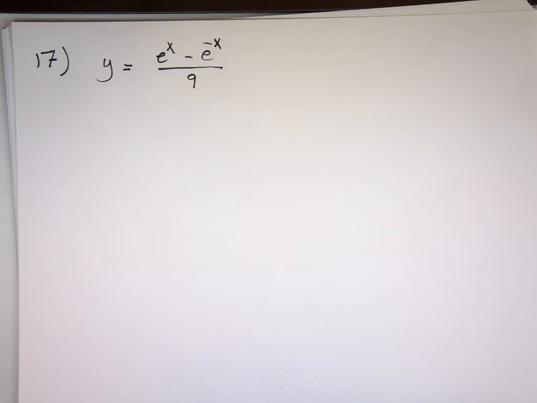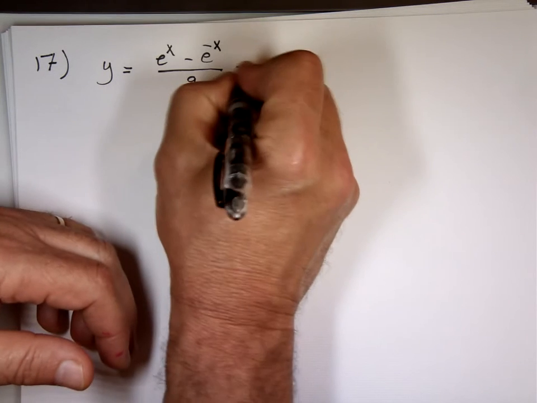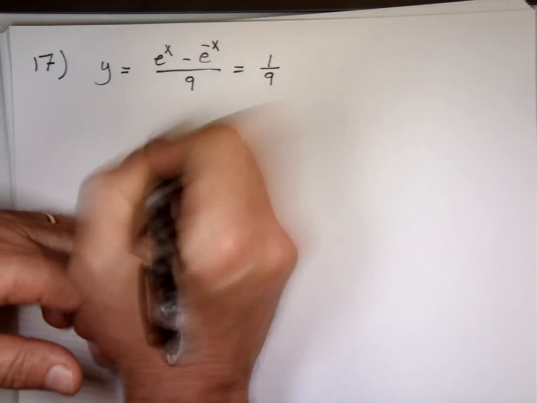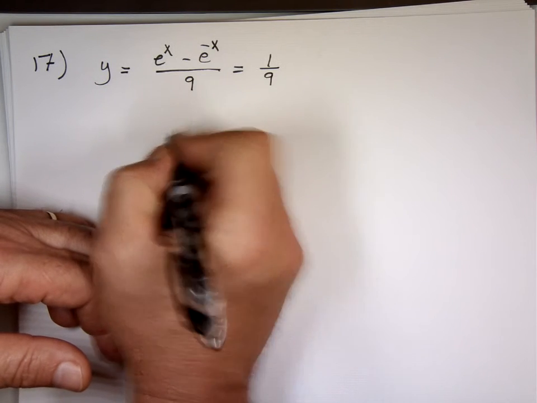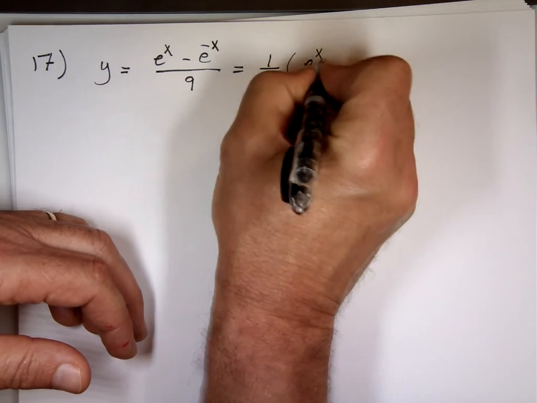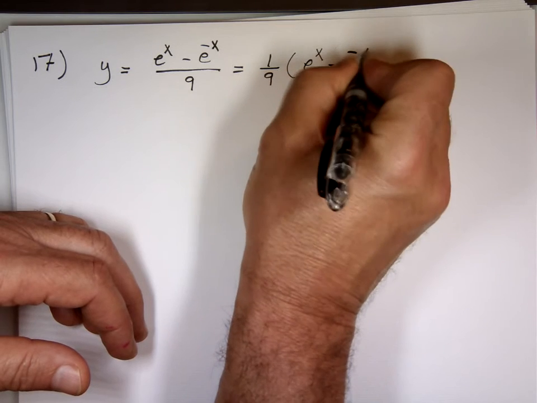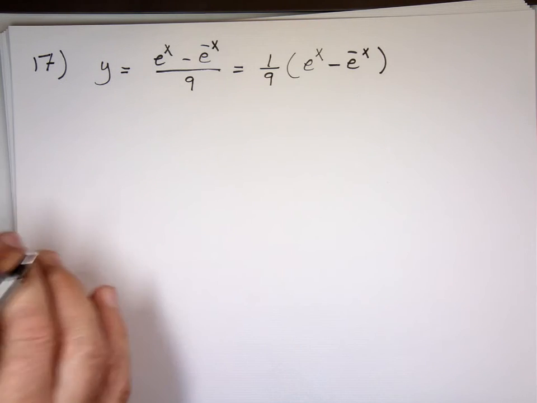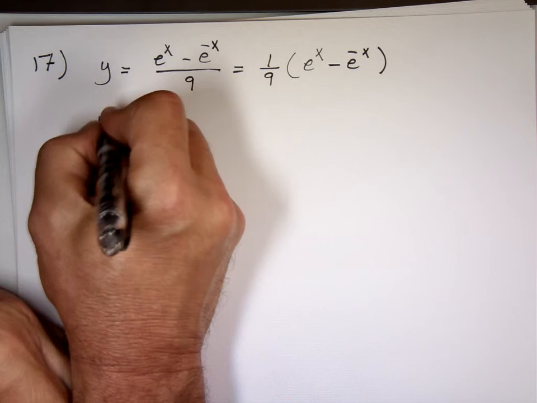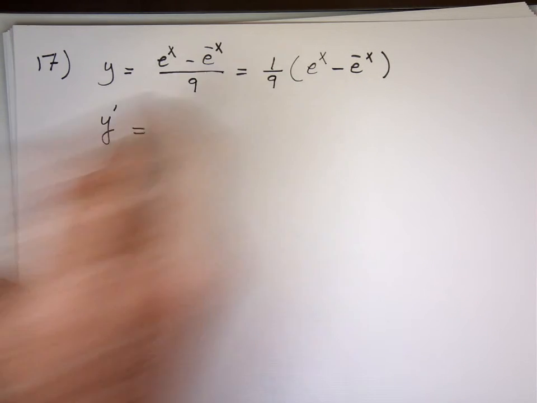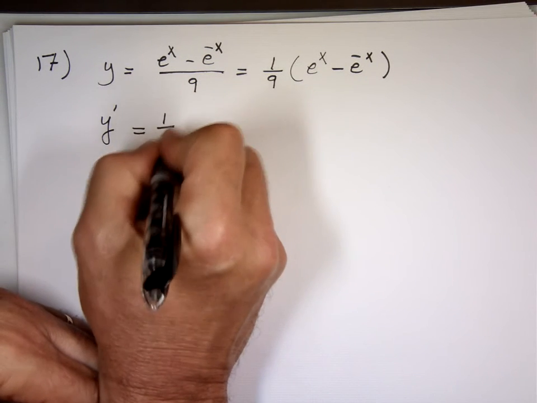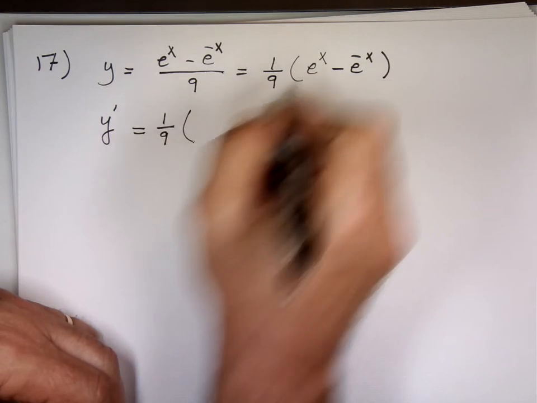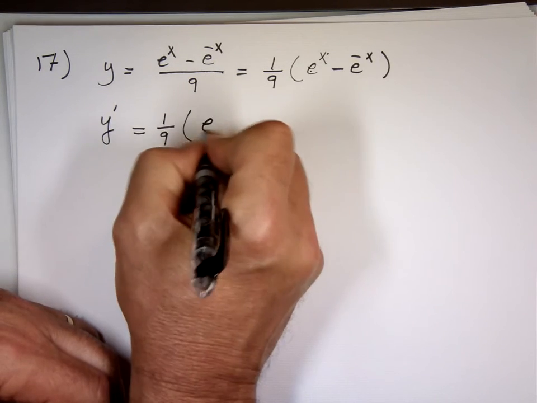Now, when you see that, your first reaction is quotient rule, fraction. You don't have to. You factor 1/9 out. What are you going to have? E to the x minus e to the minus x. Now, what's the derivative? Here's the 1/9 in the front. That's a constant. What's the derivative of e to the x? Here's the minus.